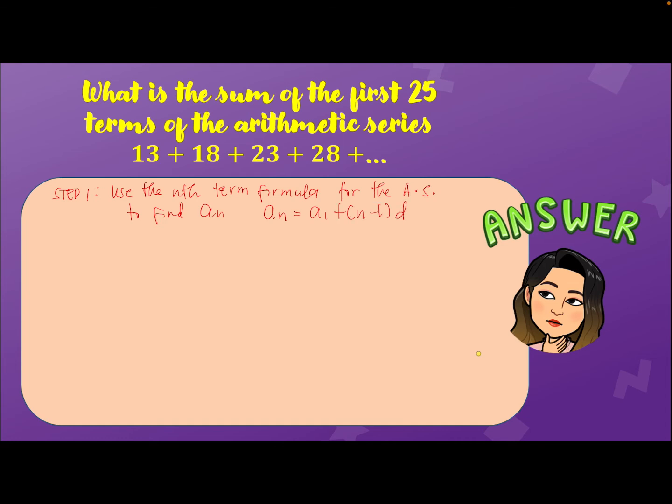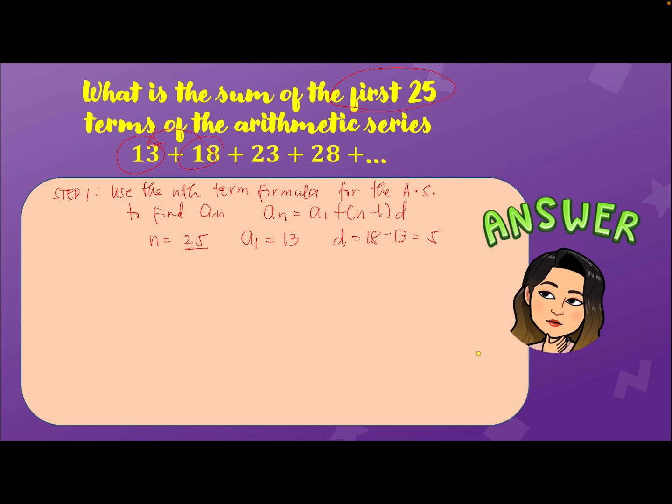Here we need to find the first 25 terms. Therefore, our n here is 25. Our first term is given, which is 13. For our common difference, we subtract the first term 13 from the second term 18, that is 18 minus 13, which is 5.